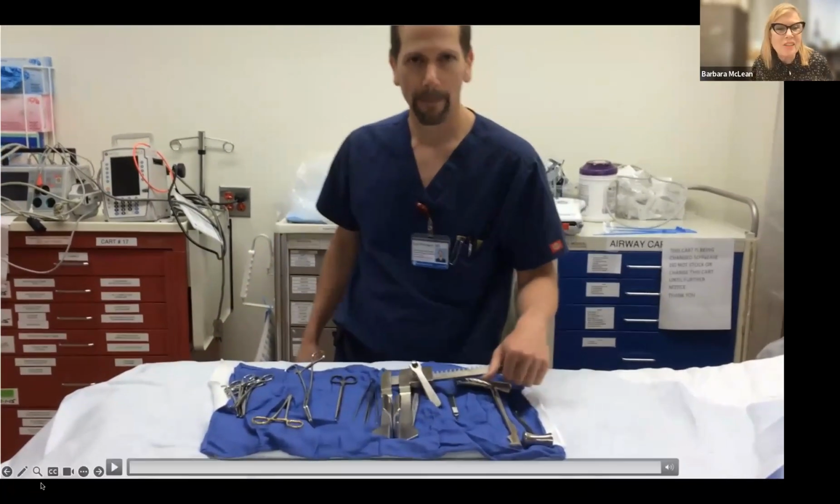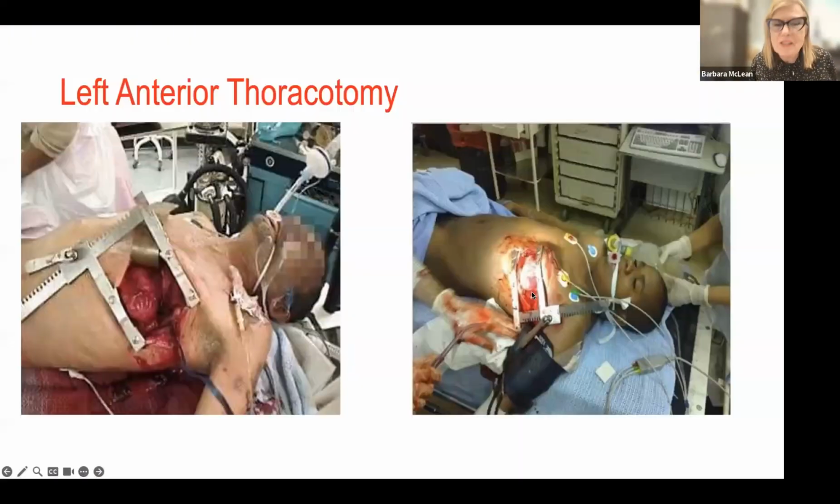That's it. Fantastic. And that's exactly right. You need to have a setup that you can manage yourself. So this is an anterolateral thoracotomy. You can see here, and again, see where the grasper is inside the chest and the winding component is on the opposite side. So that was really important.